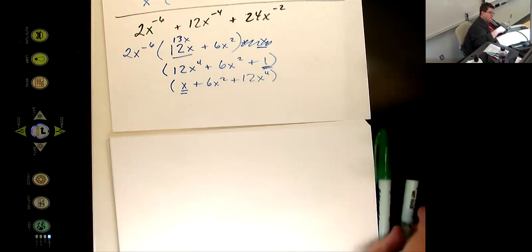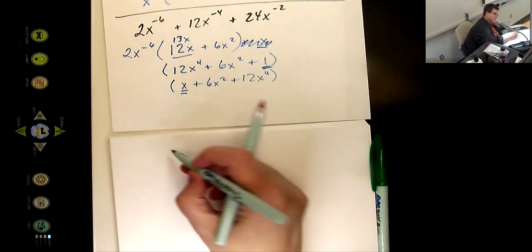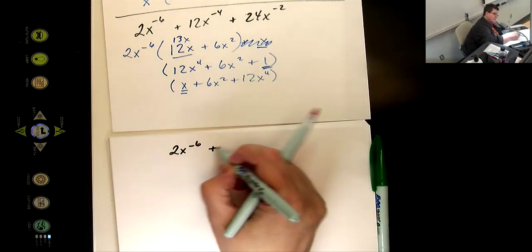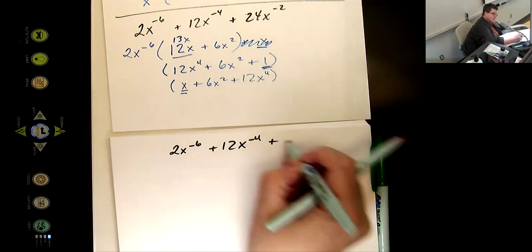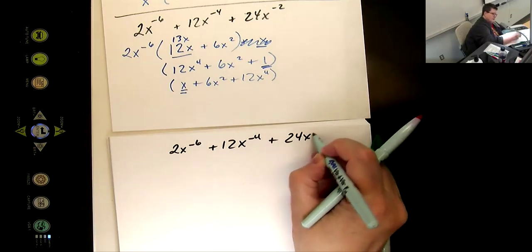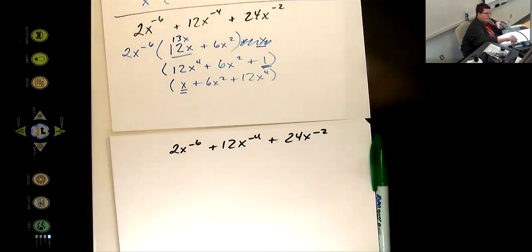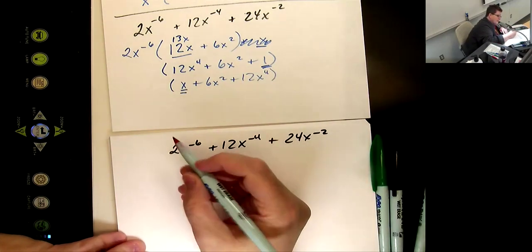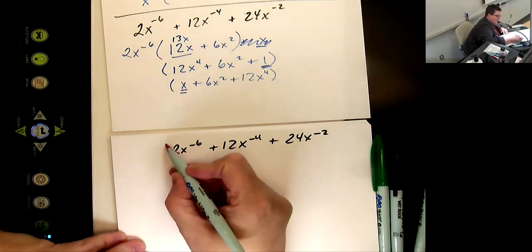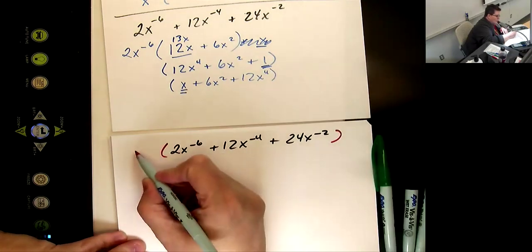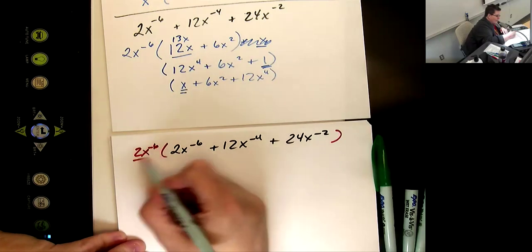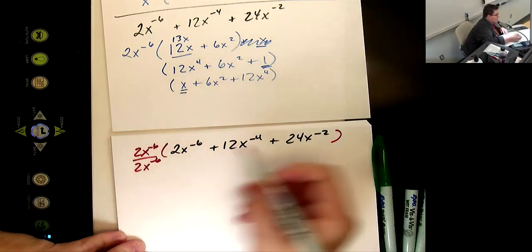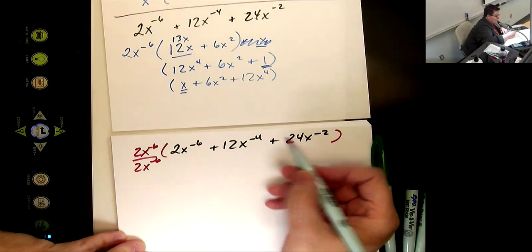So we have 2x to the -6 plus 12x to the -4 plus 24x to the -2, and we're going to factor out the 2x to the -6. What we're effectively doing is multiplying this by 2x to the -6 over 2x to the -6, which is 1, right?